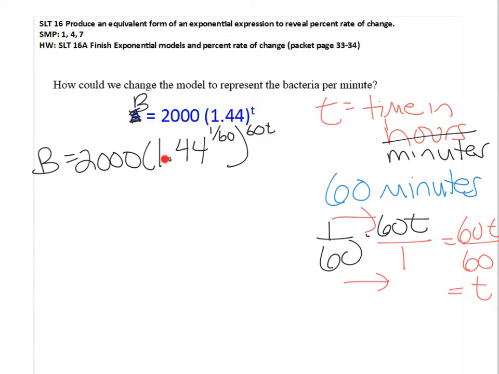So now I can recalculate this 1.44 to the 1/60th. Again, use your calculator. And when you type that in your calculator, be very careful. You must put parentheses around the exponent of 1 divided by 60.